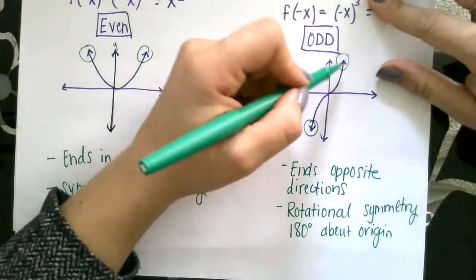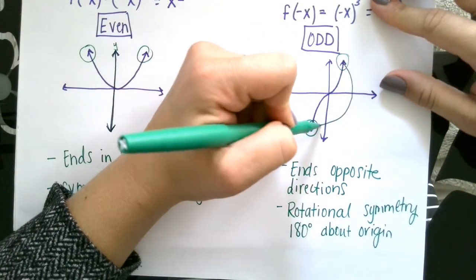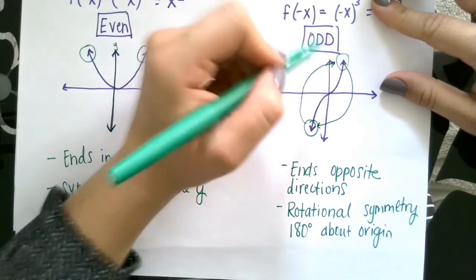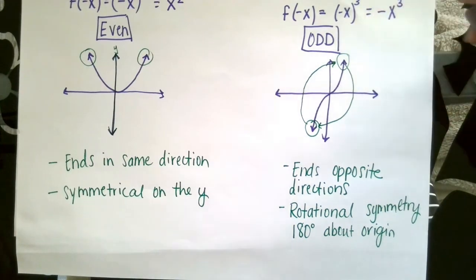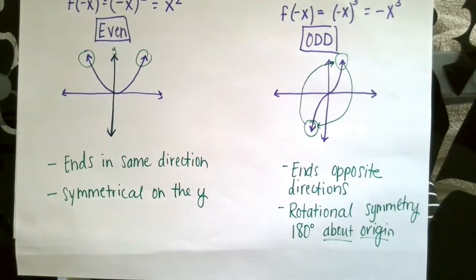So that's telling me if I were to rotate this 180 degrees this way, and then this half 180 degrees this way, I would end up with the same graph. So that's how I can tell that it is an odd function, because it goes about the origin and I could rotate it. So that is a couple examples of even and odd.